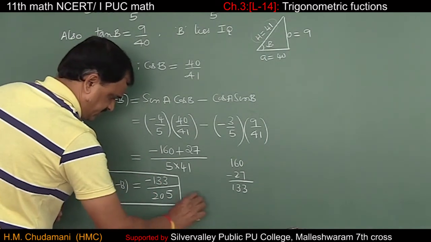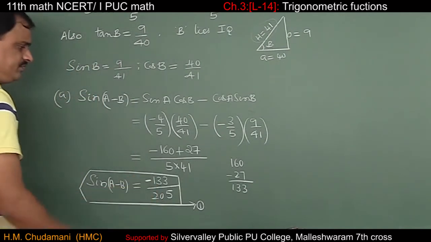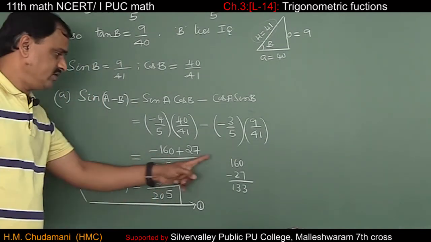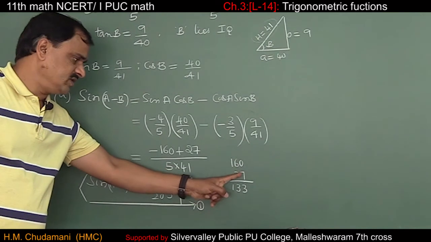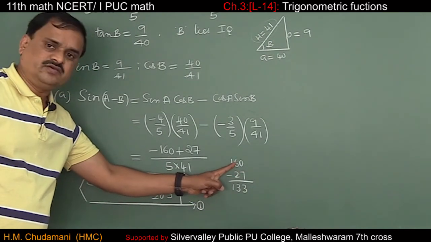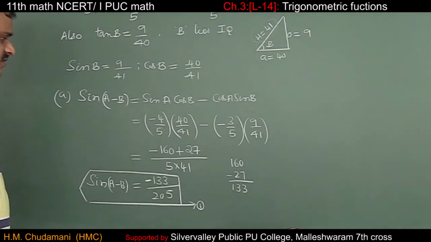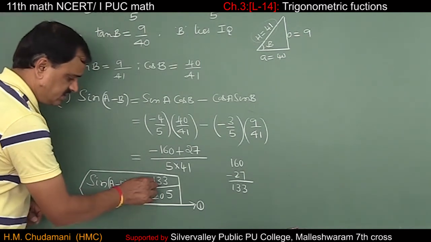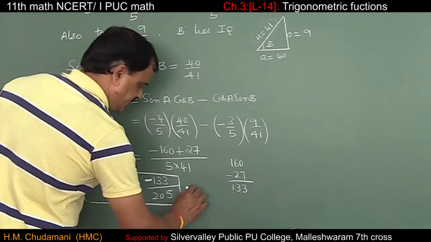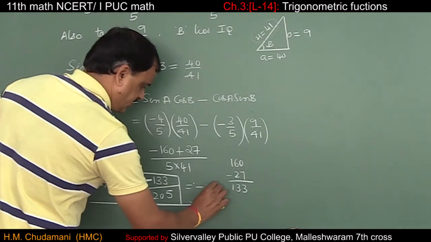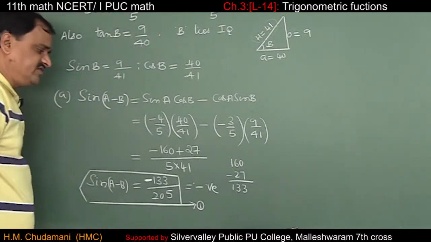You can verify: 160 minus 27, 10 minus 7 is 3, 5 minus 2 is 3. So that is 133. Minus 133 divided by 205, so it is a negative quantity. Sin of A minus B is negative.